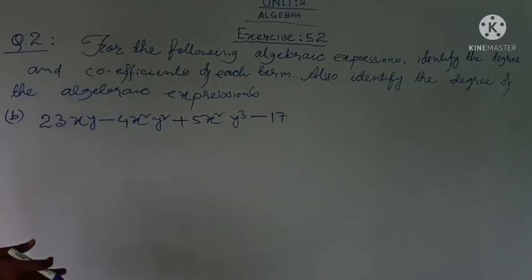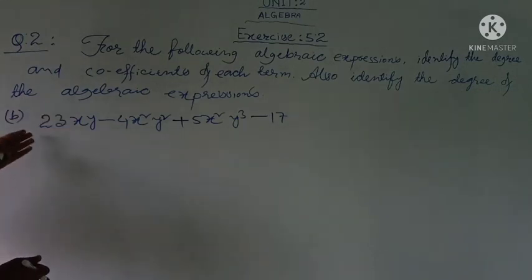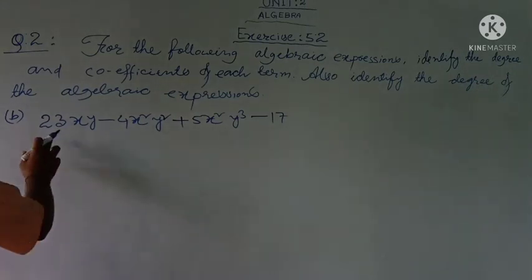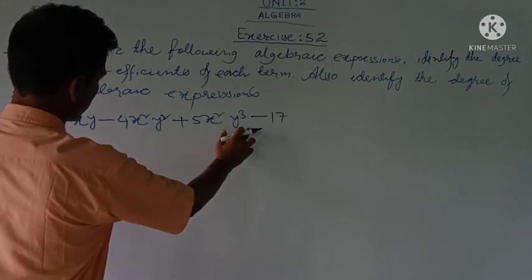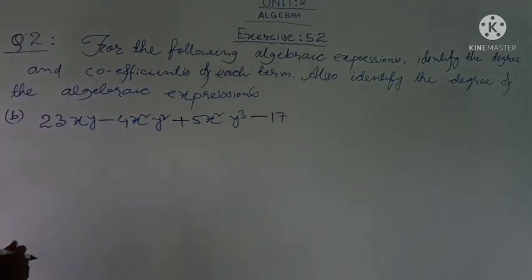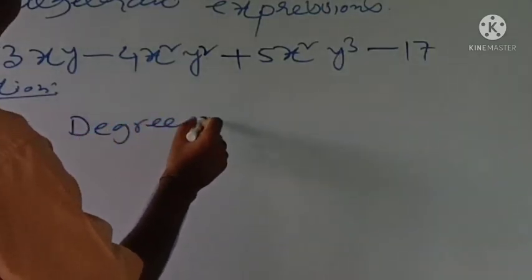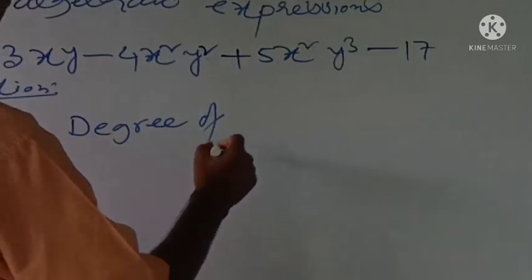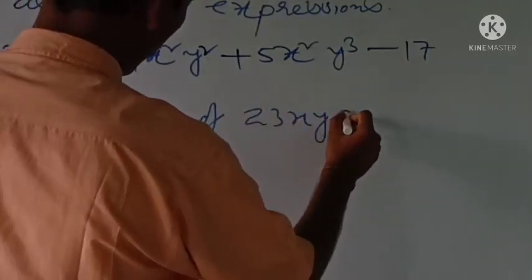Well, children, let us solve one more question from this very question number 2, that is sub question B. So here we got 23xy minus 4x square y square plus 5x square y cube minus 17. To find the degree: degree of 23xy.